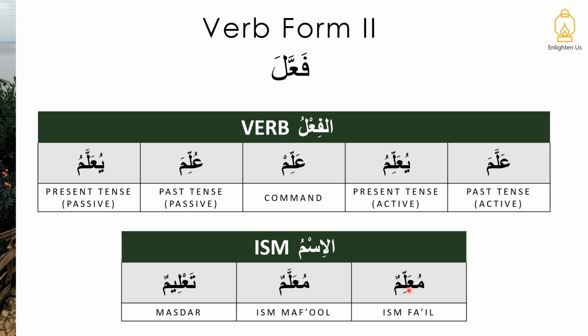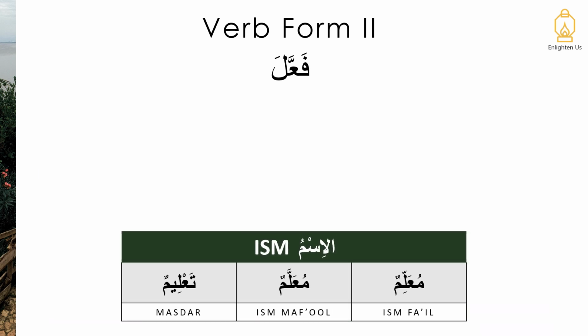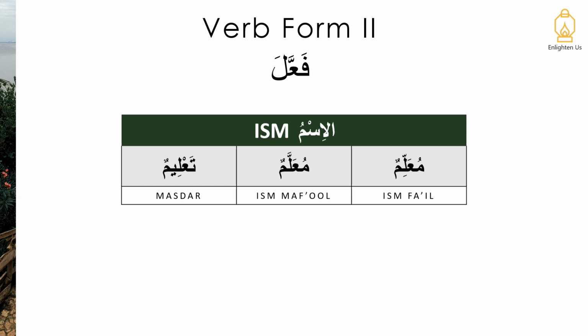And then the asma, معلم, معلم, تعليم. And that is going to be our focus for this lesson. We're going to be expanding on the asma. So let's get started, inshallah.